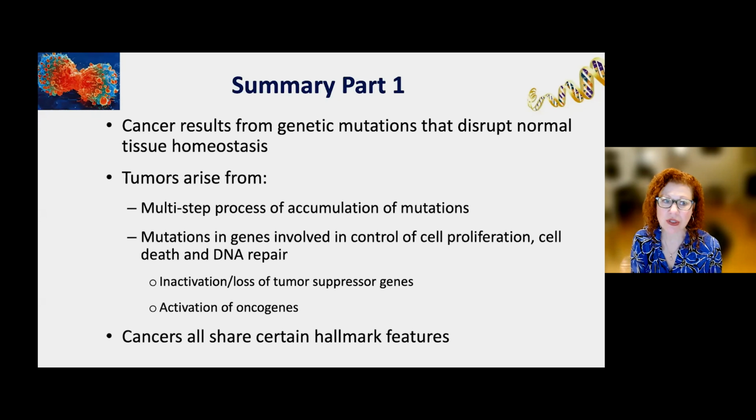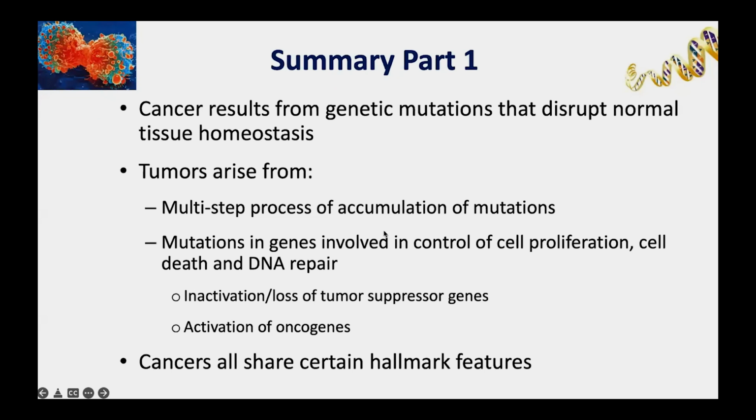The mutations are in genes that are involved in cell proliferation, cell death, and DNA repair. And it is the inactivation or loss of tumor suppressor genes, the brakes on the cell cycle, and the activation of oncogenes, or sticking down the gas pedal, that causes the problem and leads to tumor formation.